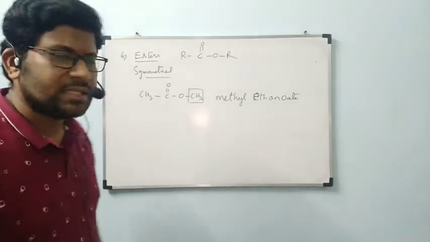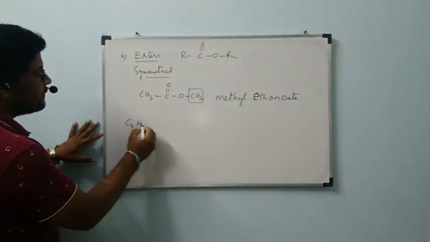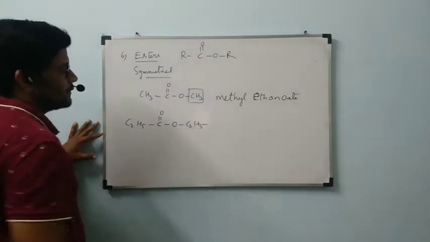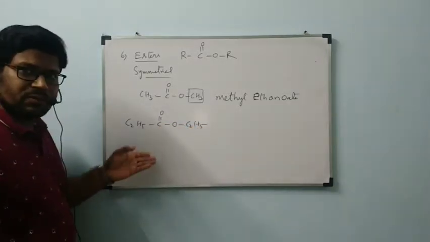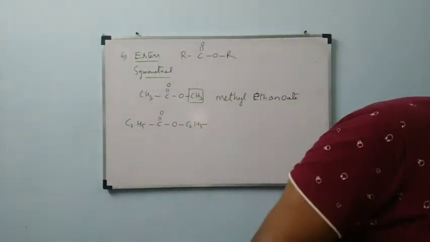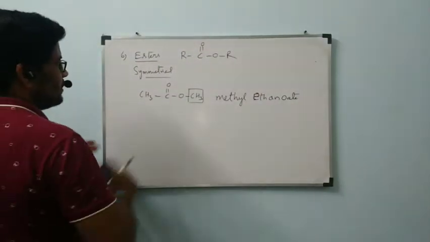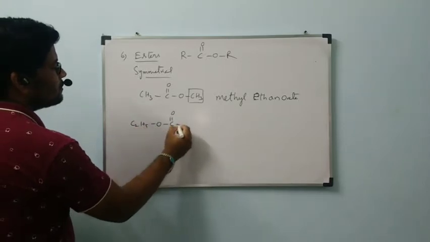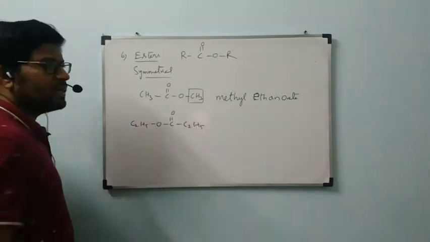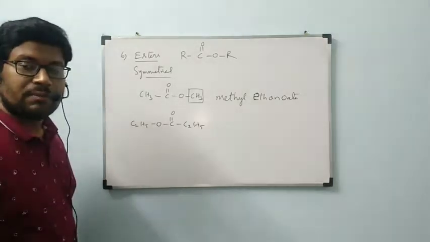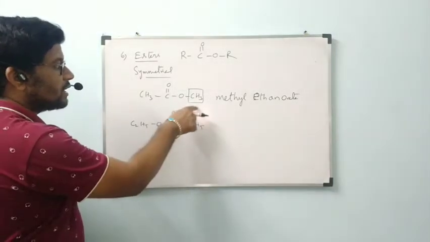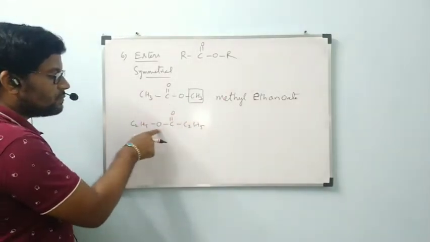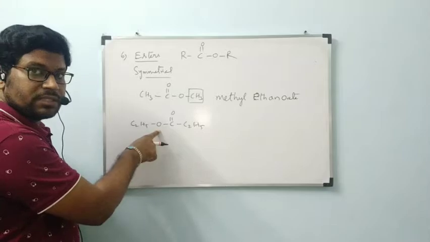Next, one more example we will see. C2H5 C double bond O, O C2H5. Suppose this compound is given in another way, in a reverse way. See, C2H5 O C double bond O C2H5. Like this also they can give. Both are the same only. But previously the alkyl group bonded to oxygen was here, and now it is on the other side. So we have to represent carefully.